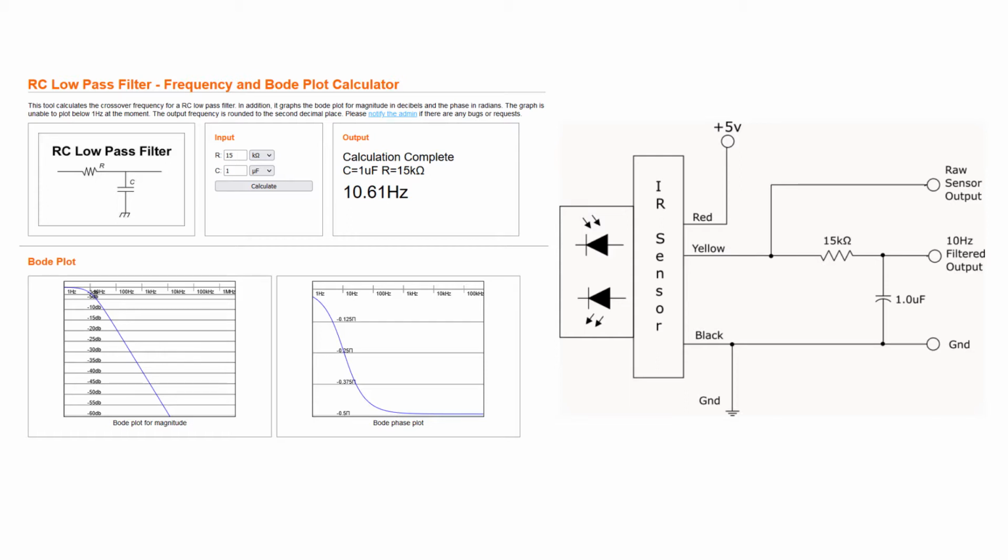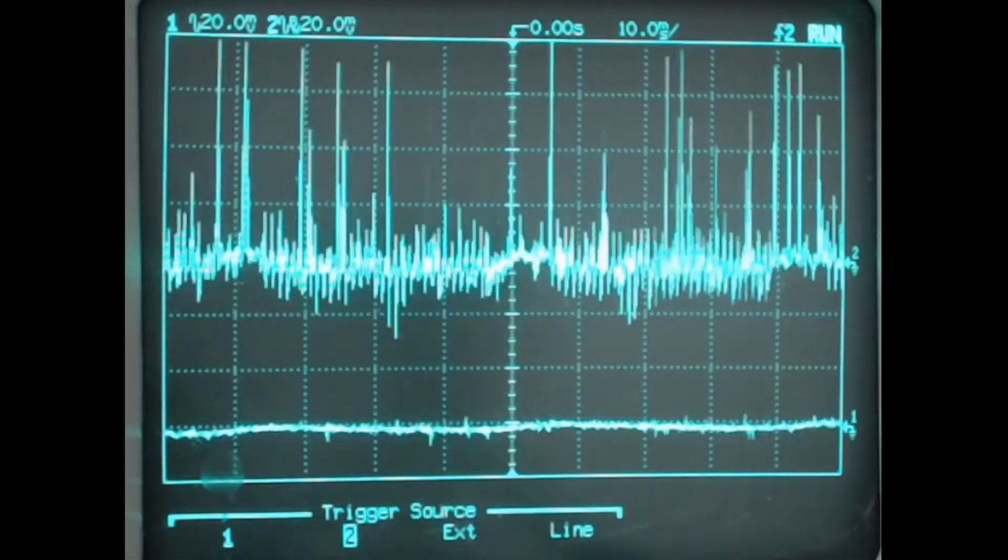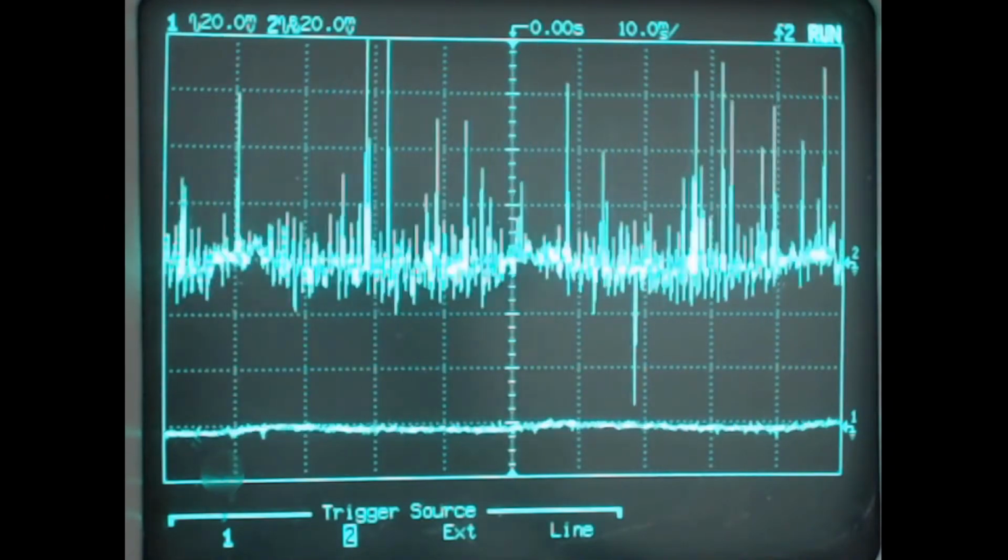So I designed a 10 Hz filter using a 15 kilo ohm resistor and a 1 microfarad capacitor. This eliminated most of the high-frequency noise. A link to the filter design program is in the video description. In the video, the unfiltered signal on the top trace and the filtered signal on the bottom trace are compared.